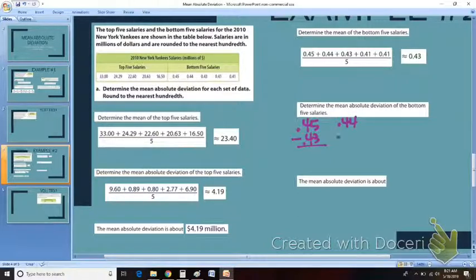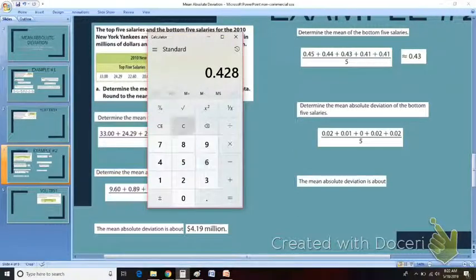Okay, again, I'm just going to write it all down for you so you can see the process. 0.43 minus 0.41, and then the same thing for the last one. Okay, so we're going to subtract each one. Okay, so when we subtract each one, I get 0.02, and so on, and we're going to find the average of everything we subtracted.